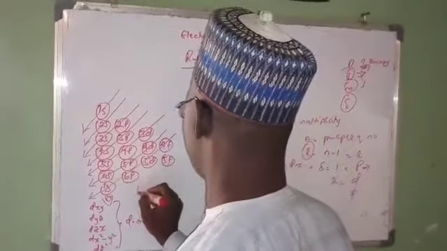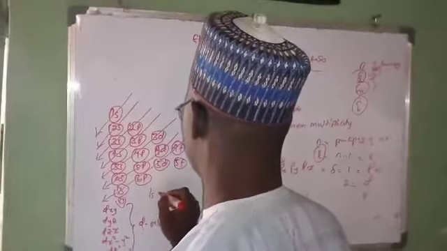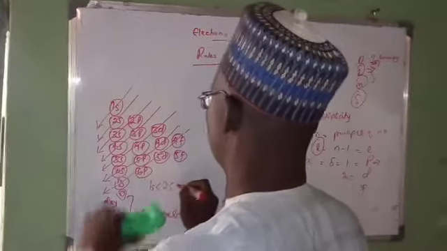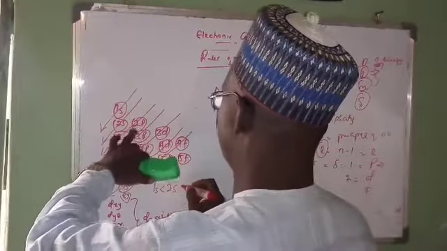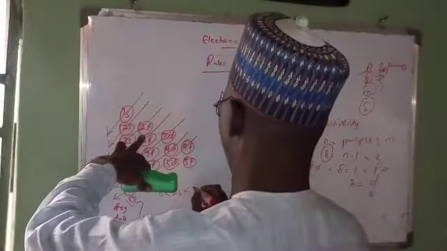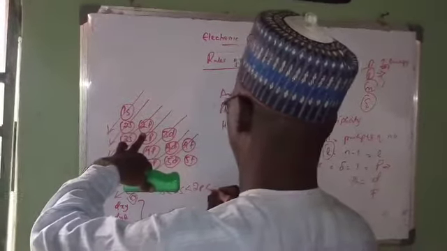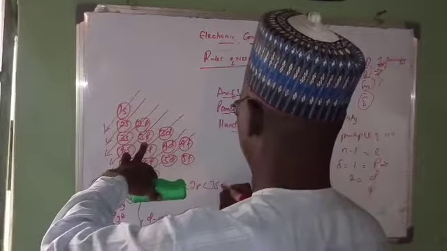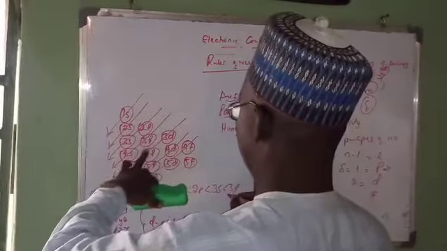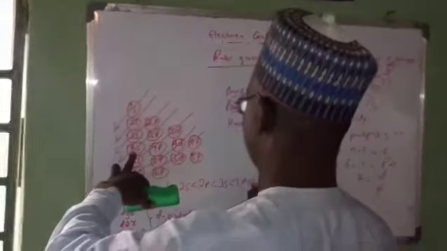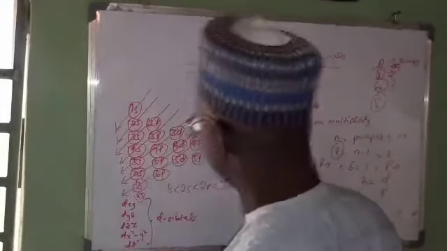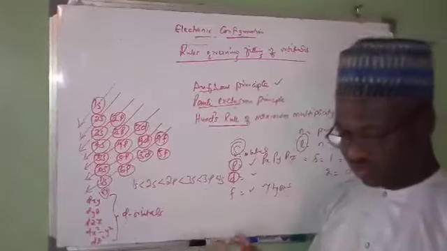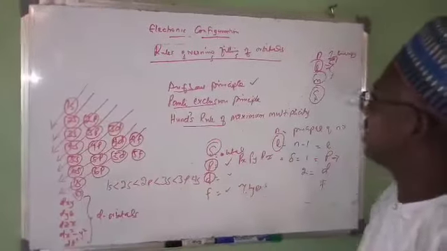Now, the 1s orbital has lesser energy than the 2s orbital, the 2s orbital before the 2p orbital, before the 3s orbital, before the 3p orbital, before the 4s orbital. So if you have to fill in, you just follow this format in filling electrons into various orbitals.